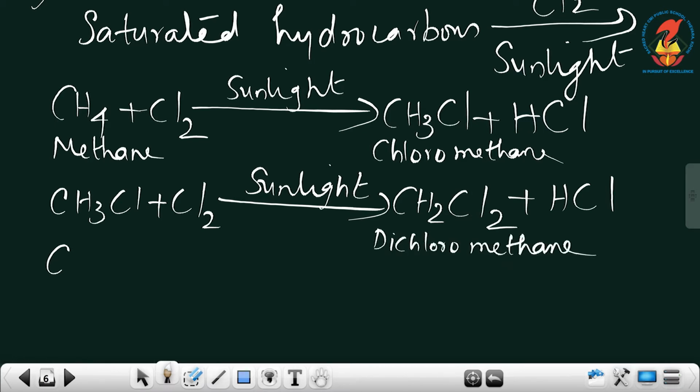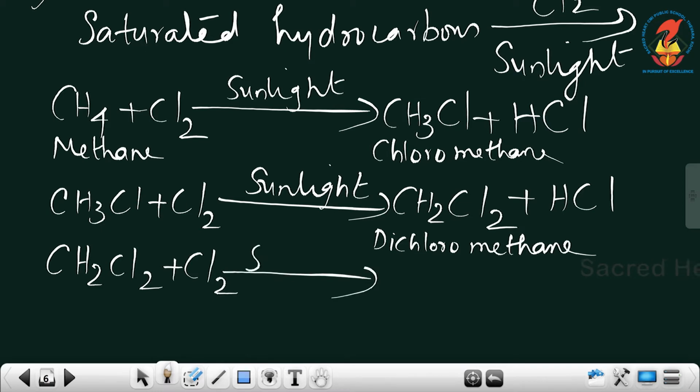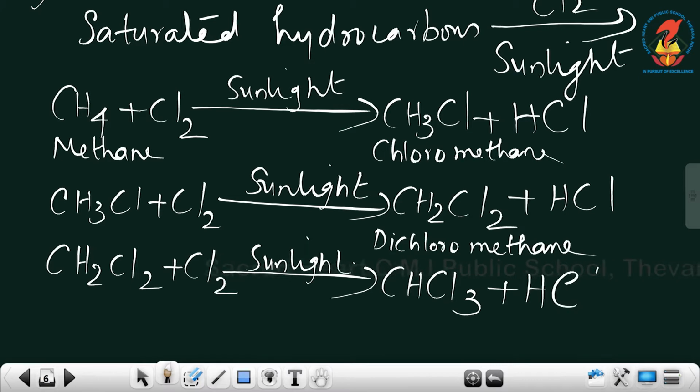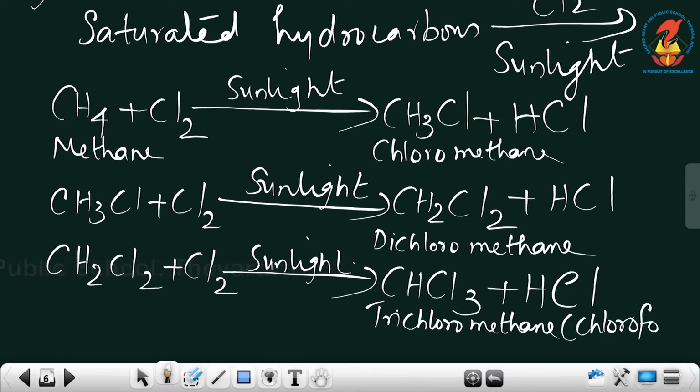Then CH2Cl2 plus Cl2 in the presence of sunlight. Now there are 2 hydrogens left. Out of that, one is replaced. So you get CHCl3. The hydrogen which is replaced and one chlorine from the chlorine molecule make HCl. This is trichloromethane, commonly known as chloroform.